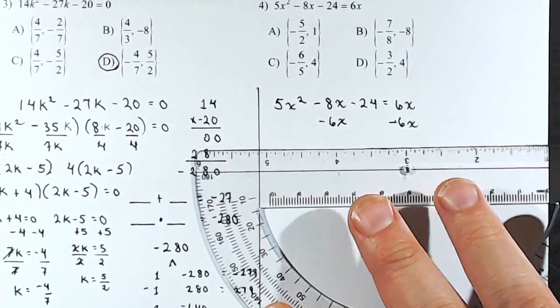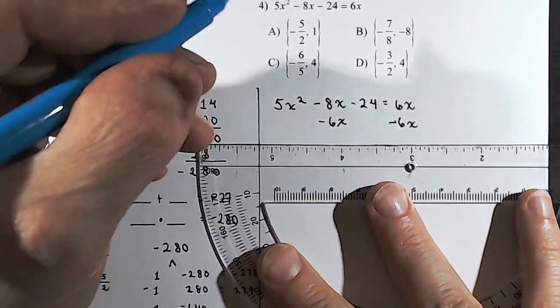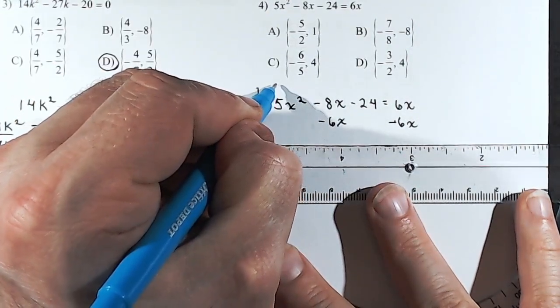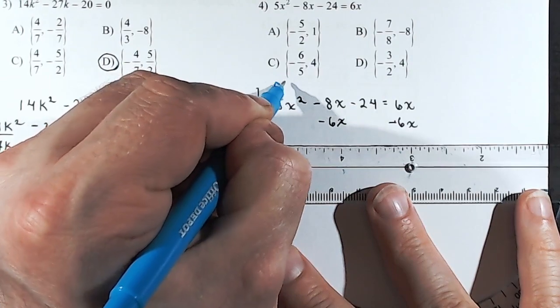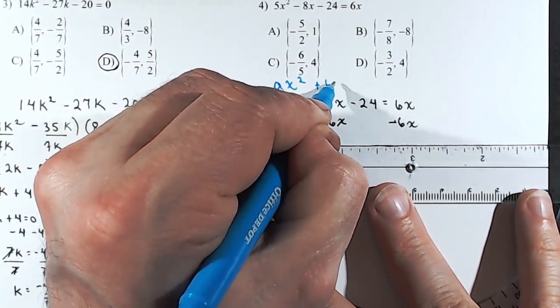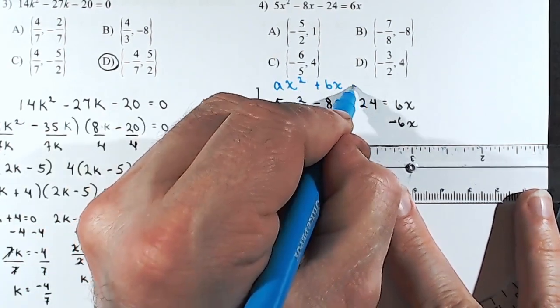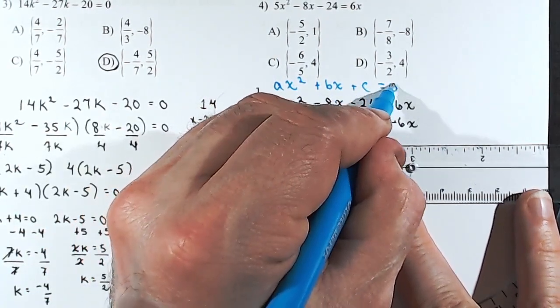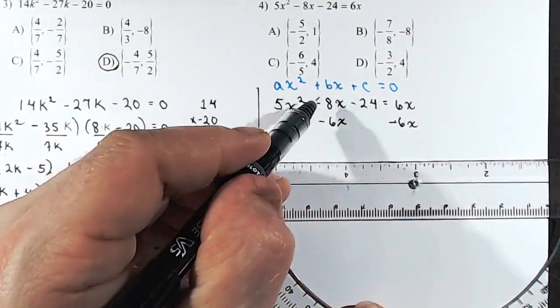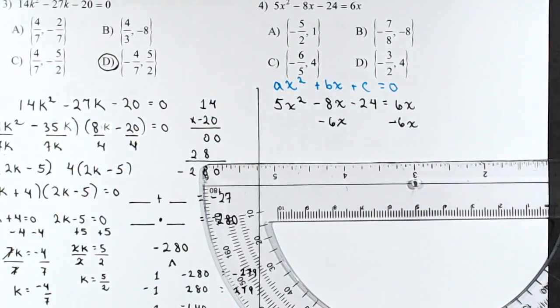Okay, and just a quick sidebar, and this is going to be important when we do the quadratic equation in a second, it's always going to be written ax squared plus bx plus c equals 0. This is the standard form of a quadratic equation. So when I'm talking about the a value, I'm referring to the 5, the b value is negative 8, and the c value is negative 24.